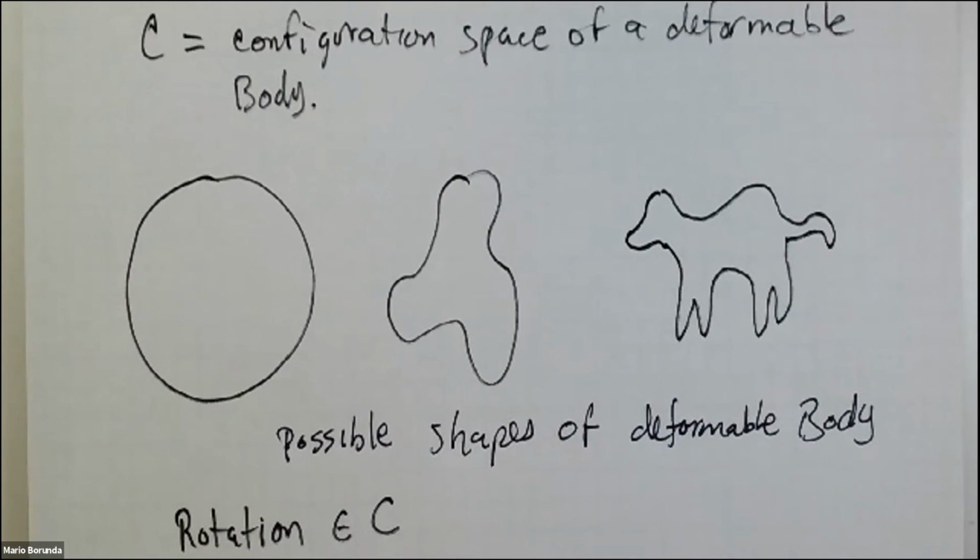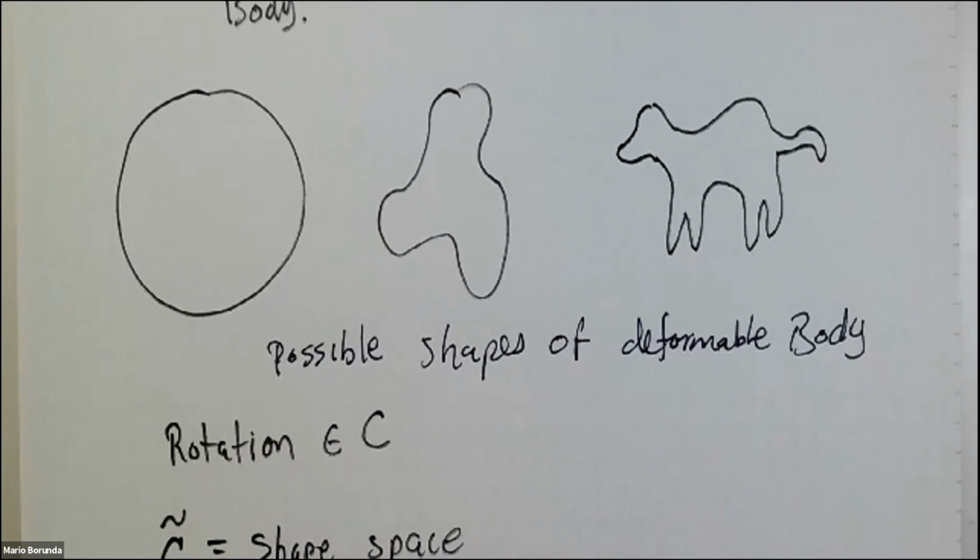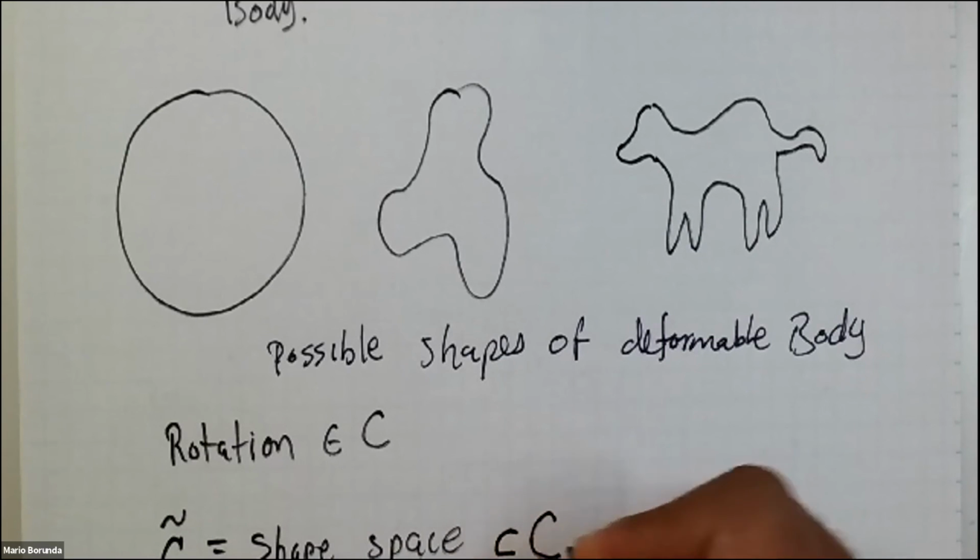So now we can have another space. This is again this fancy curly C, and I can make a shape space. This C with a tilde on top is already inside of the big C. This is going to include all the rotations, so you keep the same shape. And that's a subset of C, right?